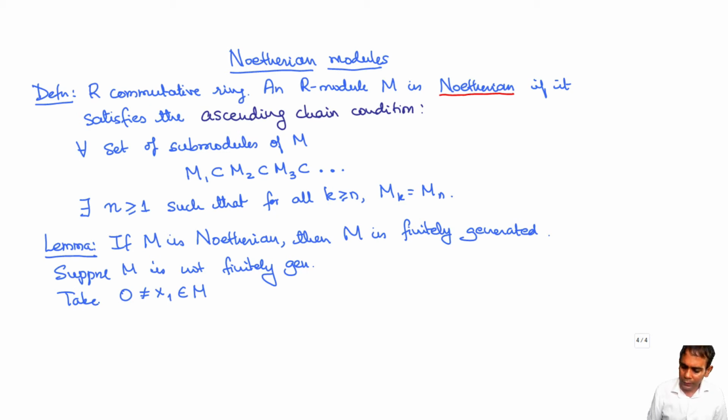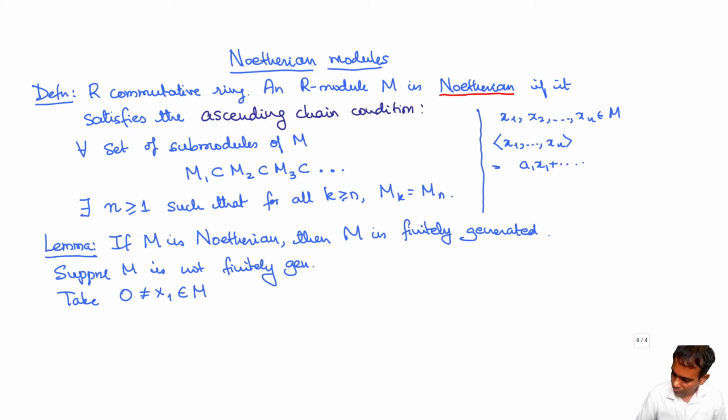Let me introduce some notation over here. Given a set of elements x1, x2, ..., xn in M, I will define the angular brackets <x1, x2, ..., xn> to be the set of all elements of the form a1x1 + ... + anxn, where a1 up to an belong to R. This is called the submodule of M generated by x1, x2, ..., xn.